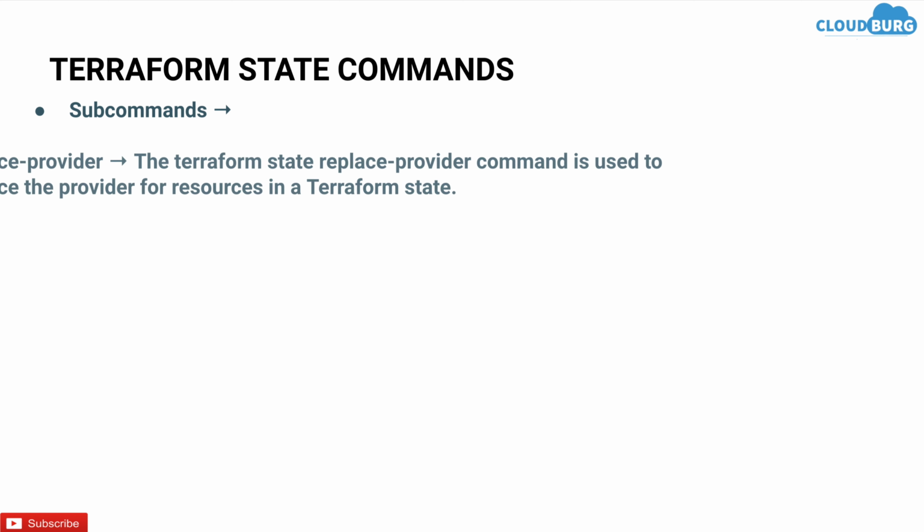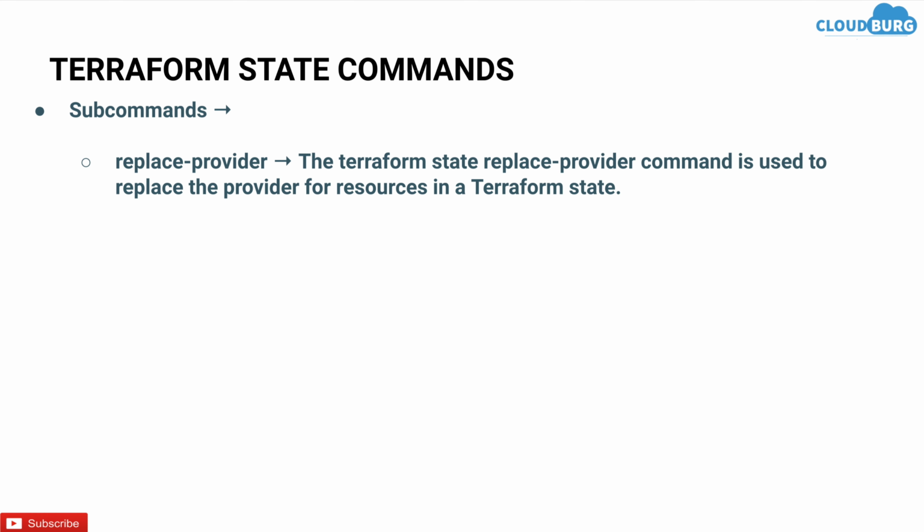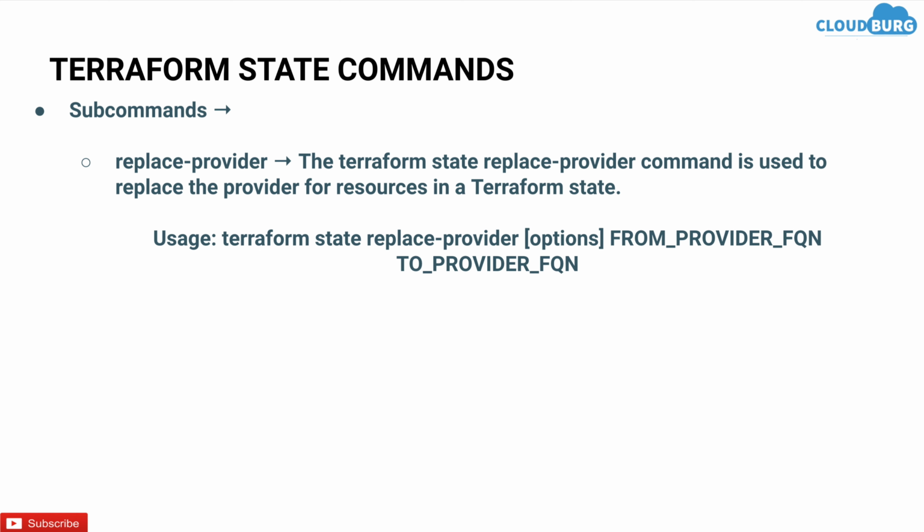Next command is replace-provider. The terraform state replace-provider command is used to replace the provider for resources in a Terraform state. So here provider means the configuration or the cloud provider that you are using. It can be AWS, it can be GCP, it can be Azure, it can be any cloud provider.